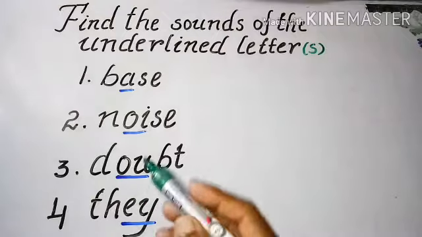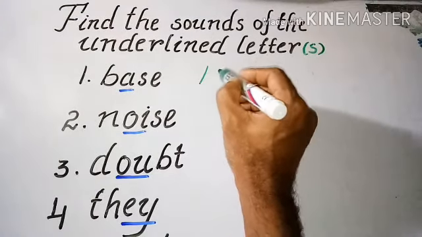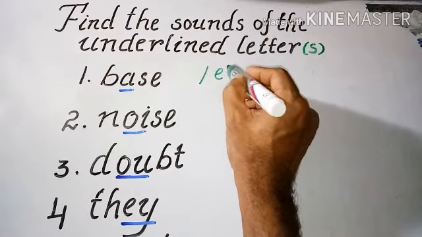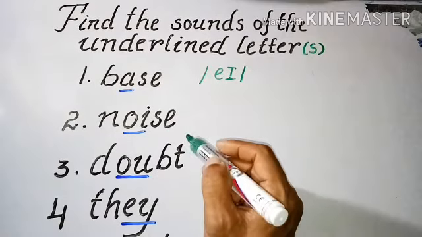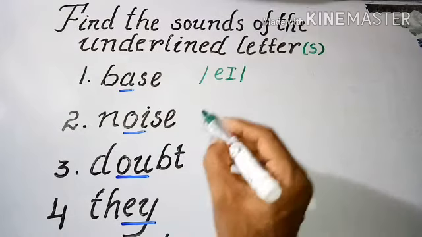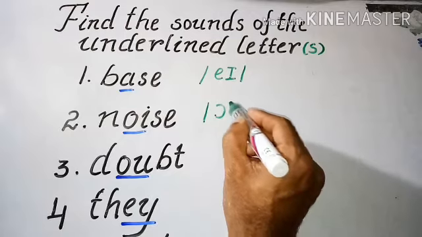Base. So the underlined letter A is A. That is A, base. Next one is N-O-I-S-E, noise. That is I, noise.